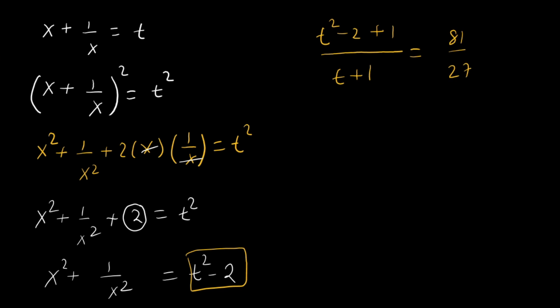Now in the numerator t squared minus 2 plus 1, that is t squared minus 1, divided by t plus 1, and this is equal to 81 divided by 27.